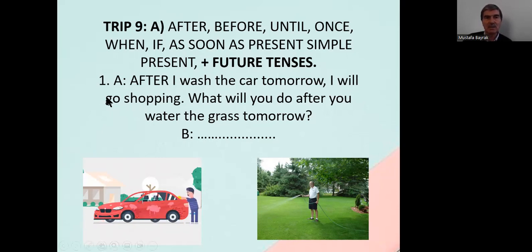Like this, dialogue 1. After I wash the car tomorrow, I will go shopping. What will you do after you water the grass tomorrow? After I water the grass tomorrow, I will join a meeting. I will take part in a meeting.